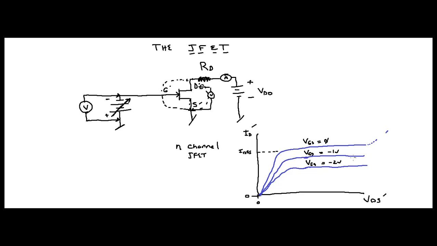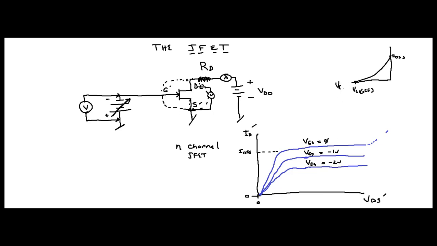Now, at some point, you're going to increase the voltage. You recall this chart; let me draw this here for you. This is IDSS, and this is VGS off.